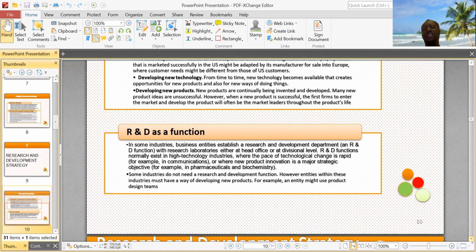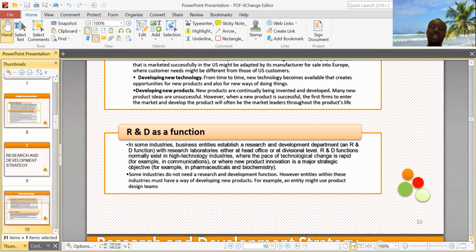Now let's look at R&D as a function. Some business entities establish a research and development department with research labs, but R&D functions will usually exist in high technology industries, where the pace of technology is very, very fast, things are moving fast, or where new product innovation is a major strategic objective.